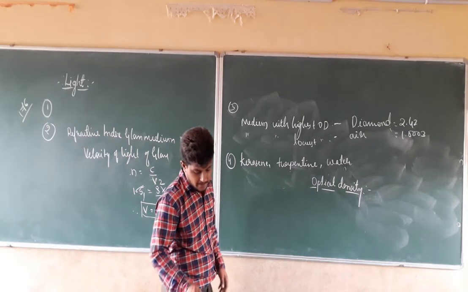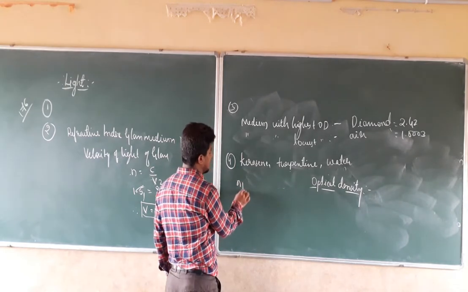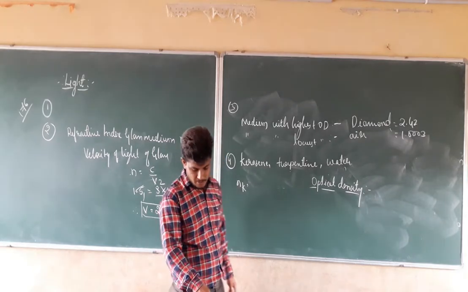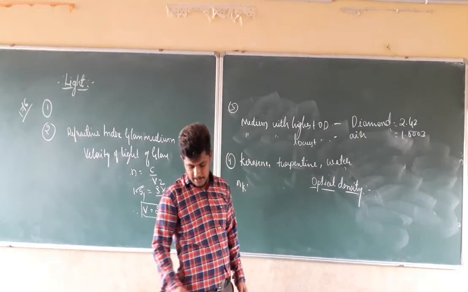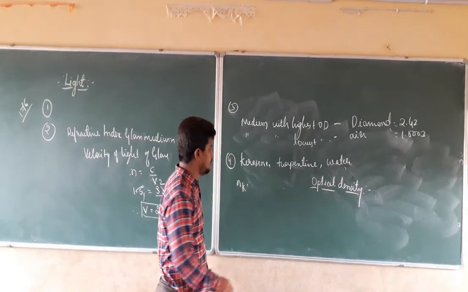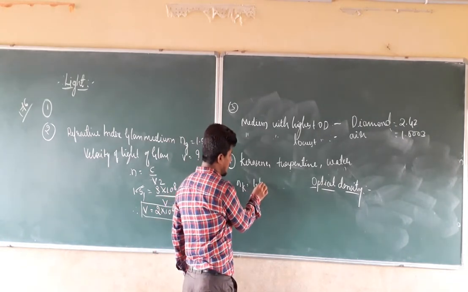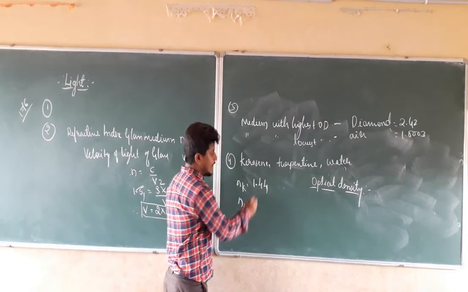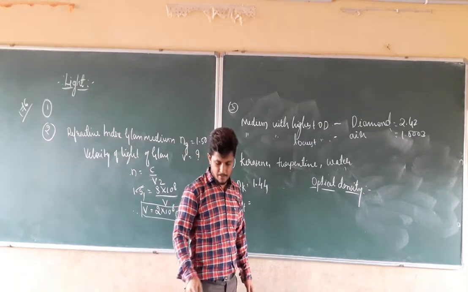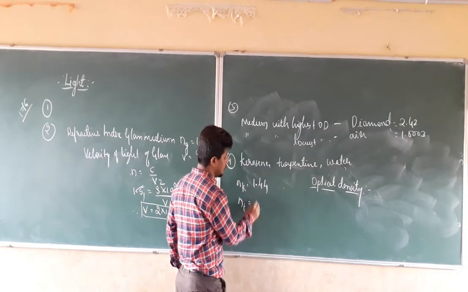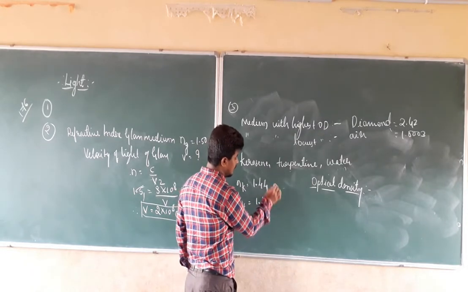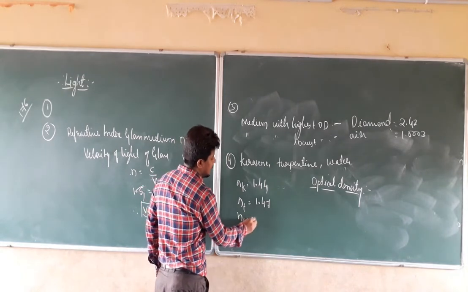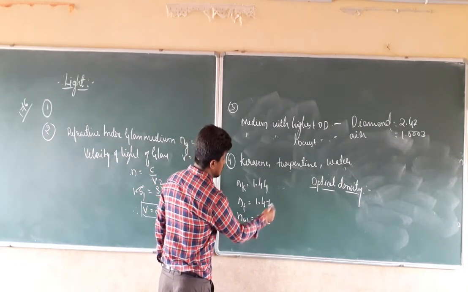When you check the refractive index of kerosene oil, it is equal to 1.44. In the same manner, the refractive index of turpentine oil in table 10.3 is given as 1.47, and the refractive index of water is 1.33.